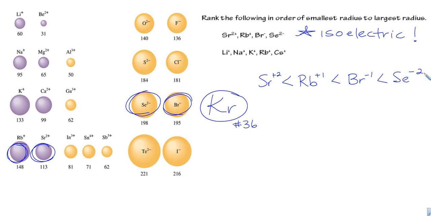But now check out this next list. Here's another series. Lithium, sodium, potassium, rubidium. And cesium is not on this little periodic table, but if he were, he'd be down at the bottom. This is not isoelectric.